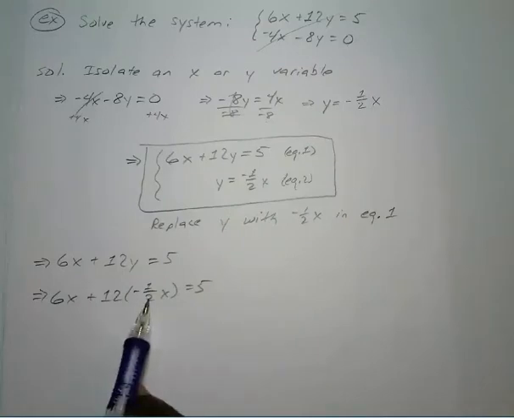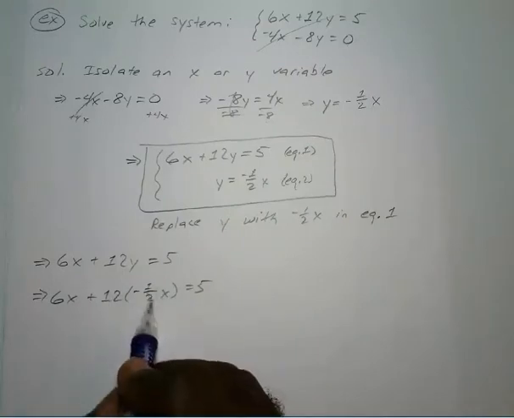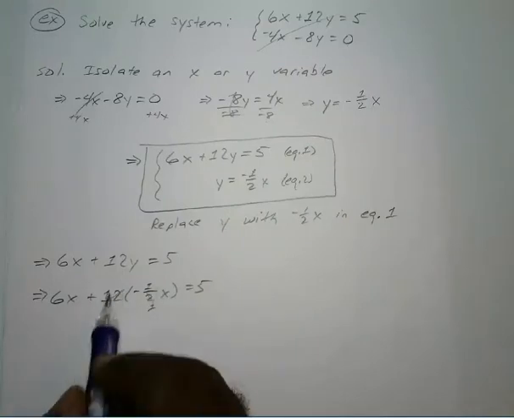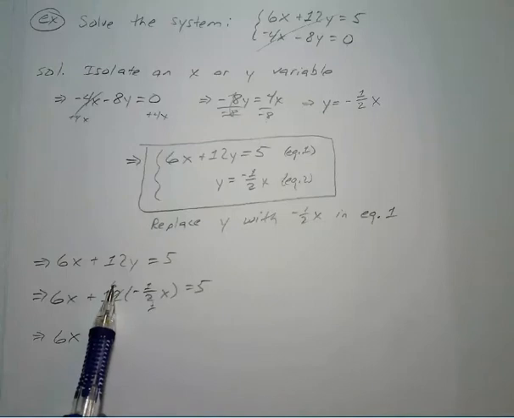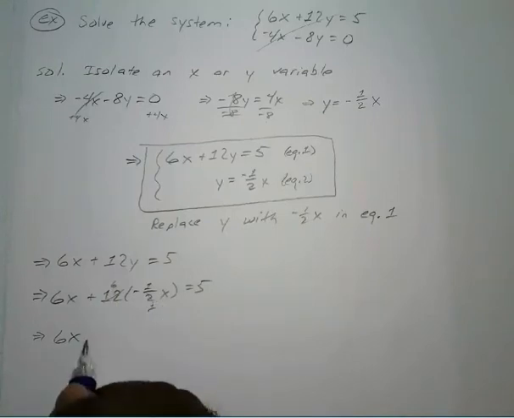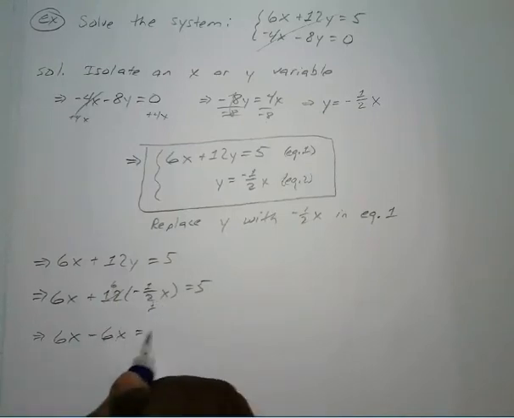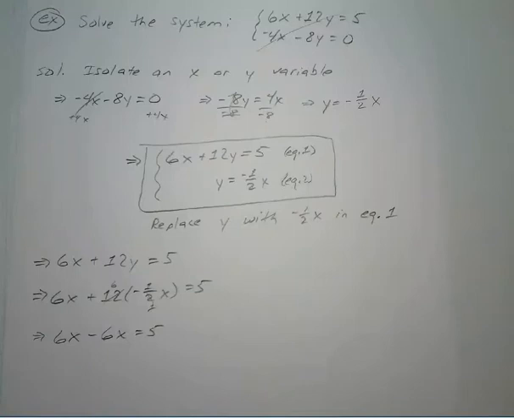Okay, so the 2 and the 12 cancel out. 2 goes into 2 one time. 2 goes into 12 6 times. So we have 6x. Then we have 6 times negative x. So that's negative 6x equals 5. So if we combine these two, 6x minus 6x, we get 0 equals 5. Which in this case is false.